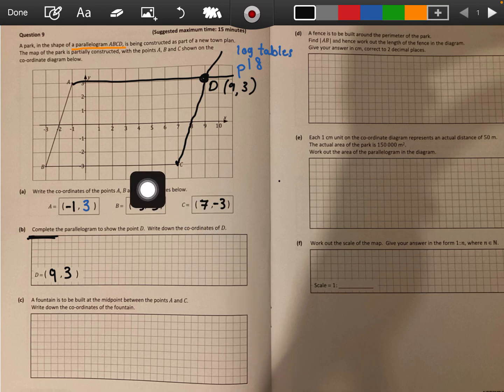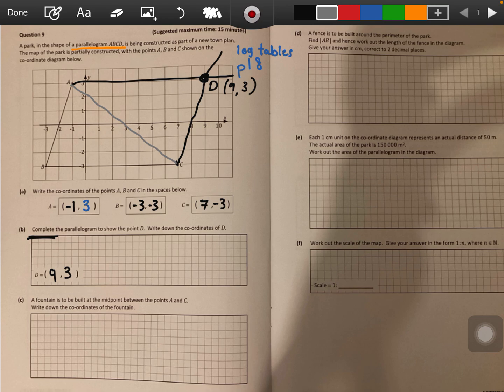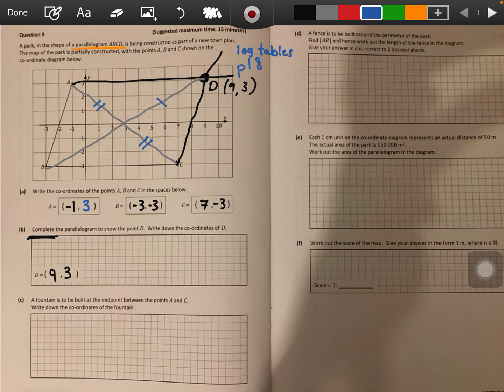Okay, one way of doing this is we know a property of our parallelograms is that if we were to connect up the diagonals, they intersect and they bisect each other. So that means that if the diagonals bisect each other, then this point here where they bisect each other has to be a midpoint of the line segment A to C.